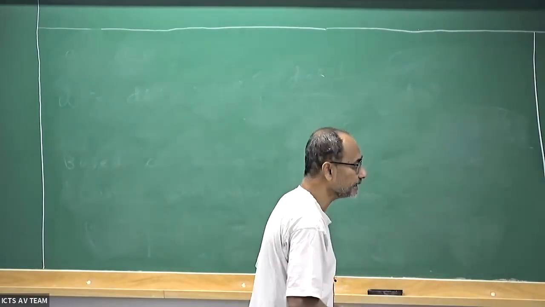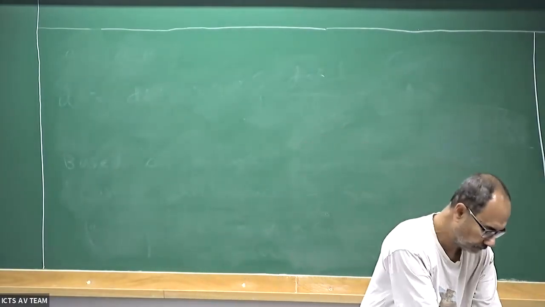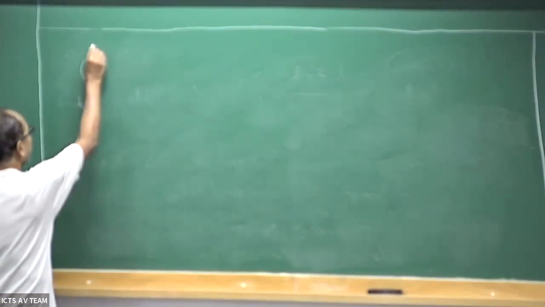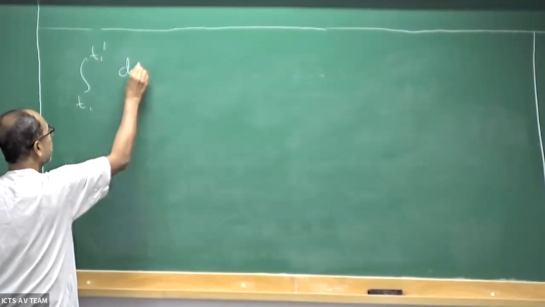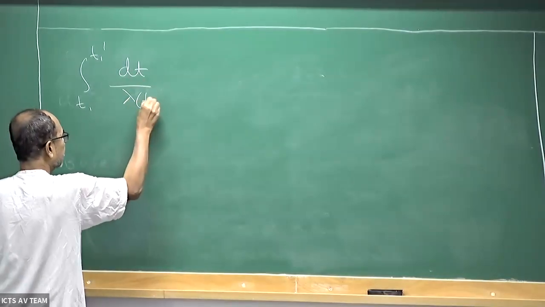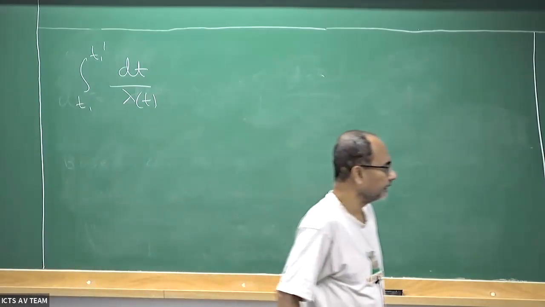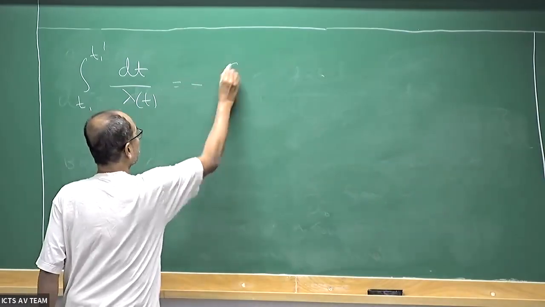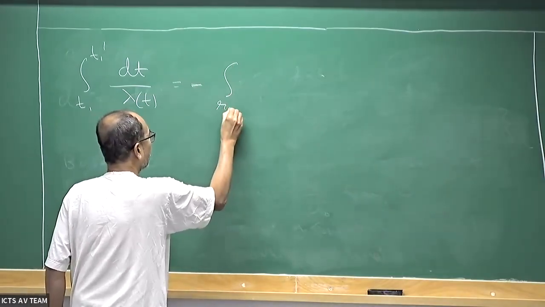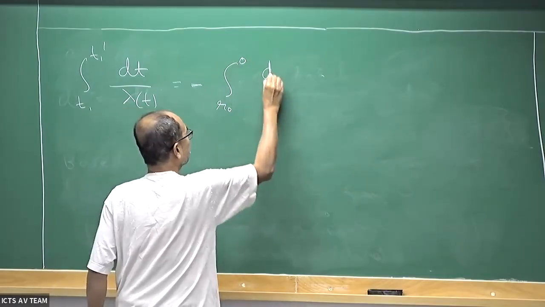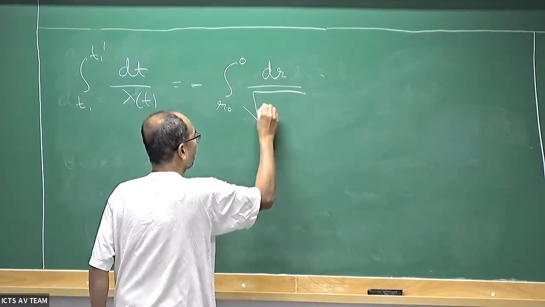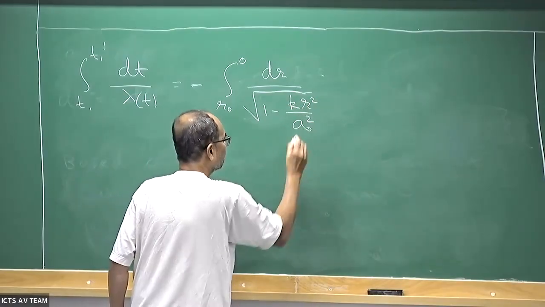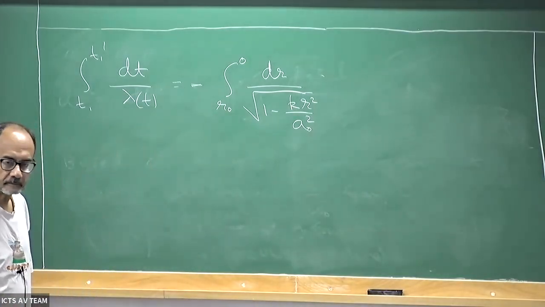Now let's integrate this. So integrate from t1 to t1 prime dt over lambda of t. I just took the lambda of t to the other side, is minus the integral from r0 to 0 of dr over the square root of 1 minus k r squared over a0 squared.